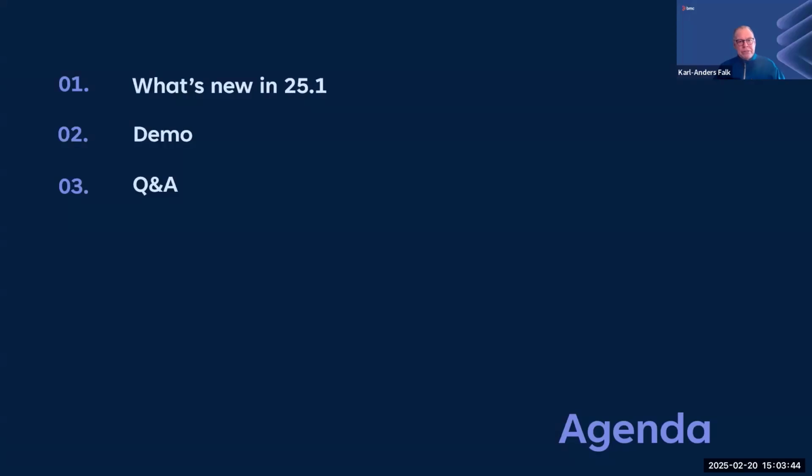So I will talk a little bit about Employee Navigator and the generative AI capabilities we have there. And then I will do a quick demo. After that, Deepak will talk about the DWP-specific improvements that we've done and demo that. And of course, Q&A at the end if you want to be interactive. But if you have questions in between, we'll try to answer in the chat as we go. So let me get started.